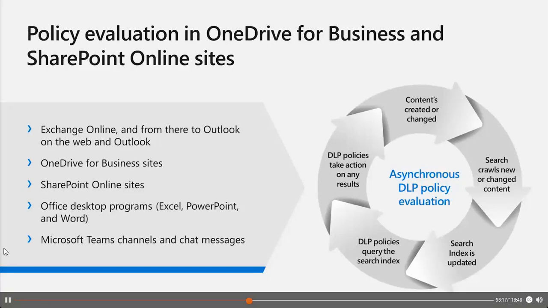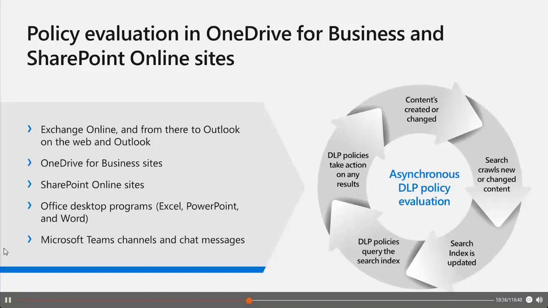As people add or change documents in the sites, the search engine scans the content so that you can search for it later. While this is happening, the content is also scanned for sensitive information and to check if it's shared.